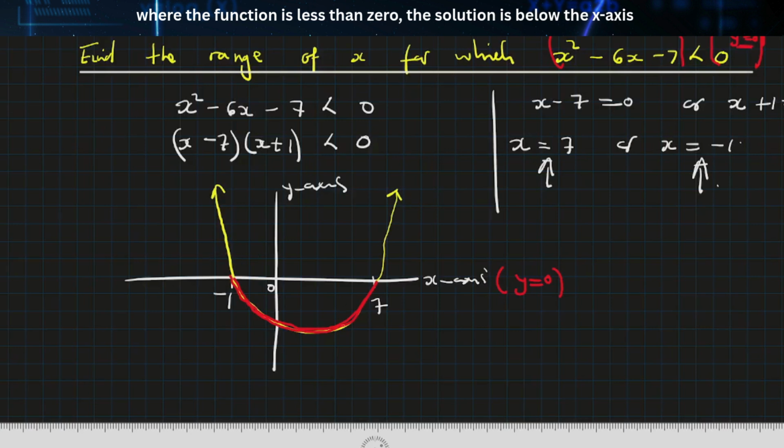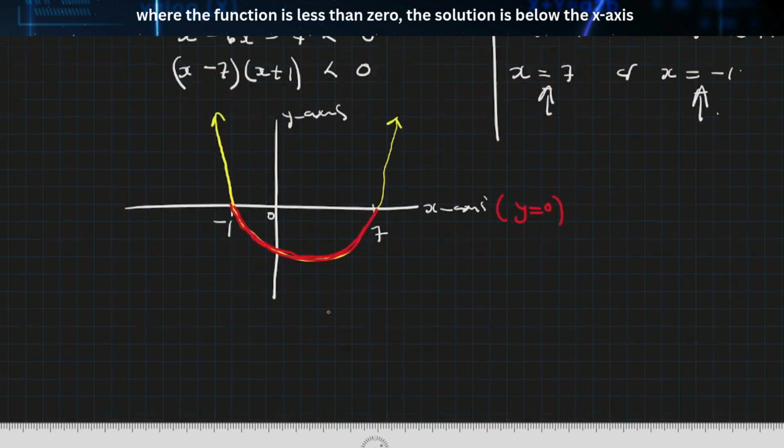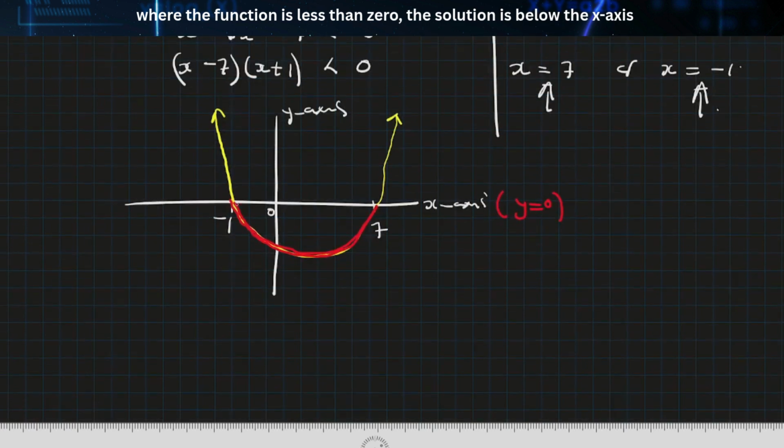So in this particular moment, the solution is x greater than −1, and the values of x which are less than 7.